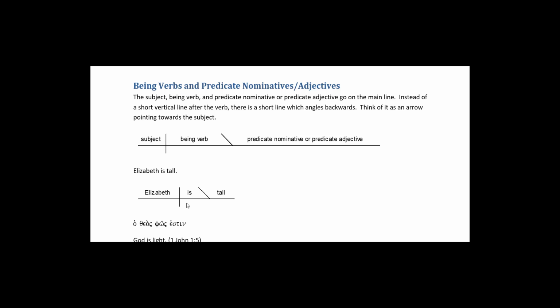So here we have Elizabeth is tall. This is a predicate adjective. It's an adjective. Here's a Greek example with a predicate nominative because it's a noun. Ha theos, phos, estin. God is light. So we put ha theos in the subject slot, estin in the verb, and phos is the predicate nominative, and this slanted line points backwards to the subject.